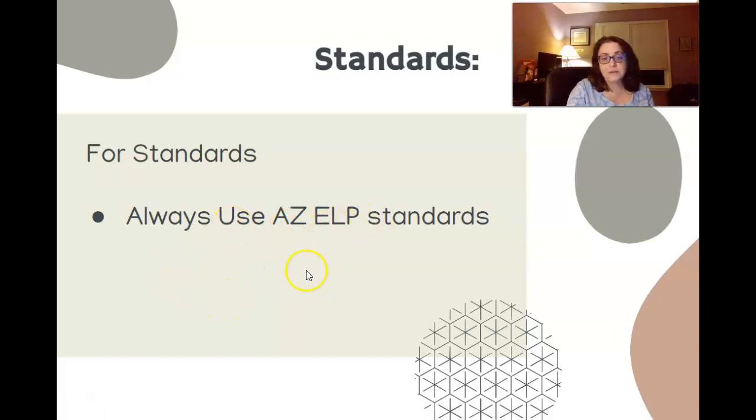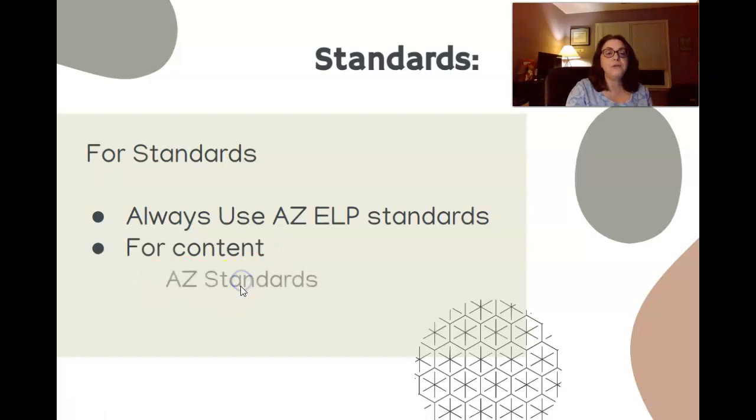There's ELP standards, those are the ones that are specifically written for English language proficiency. They're for the ESOL students. And always use the Arizona ones. Some states have them, some states don't. Some states use the new WIDA ones. Other states don't, or districts don't use them officially yet.